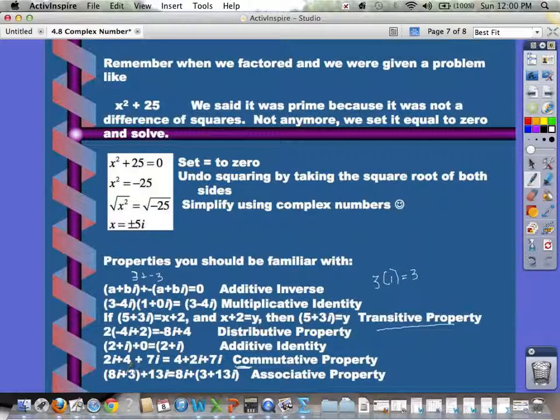It went 8i, 3, 13i, 8i, 3, 13i. No order change, just grouping. So that's associative. It's kind of like the Mickey, Minnie, and Donald property. You remember that with the real numbers. Same thing happens with non-reals. It's the associative property.